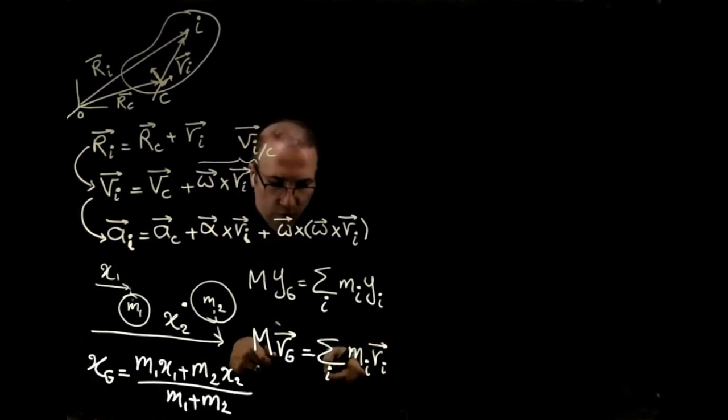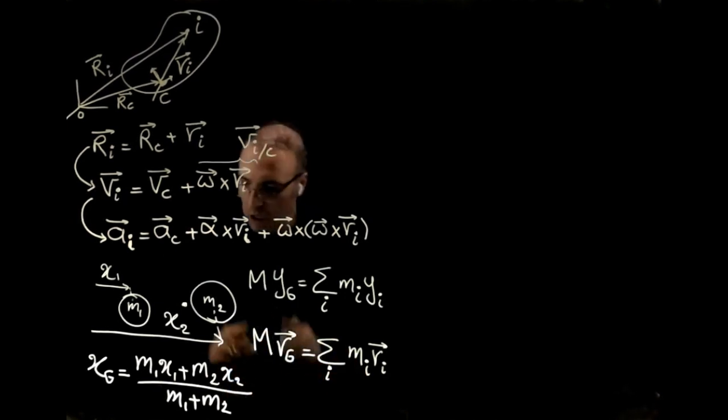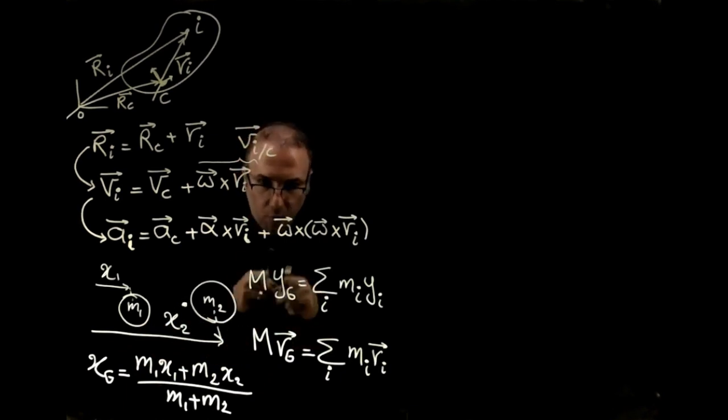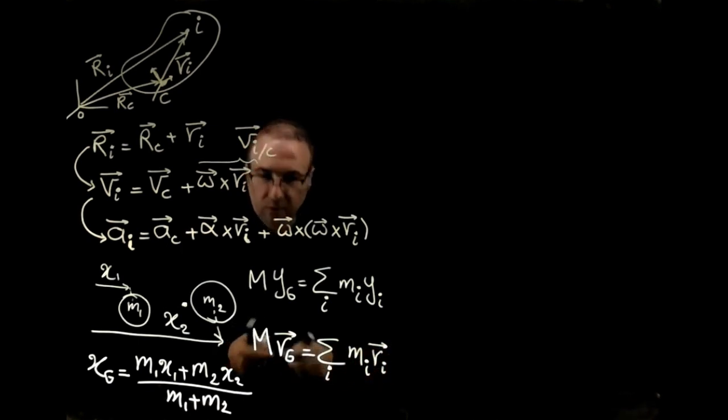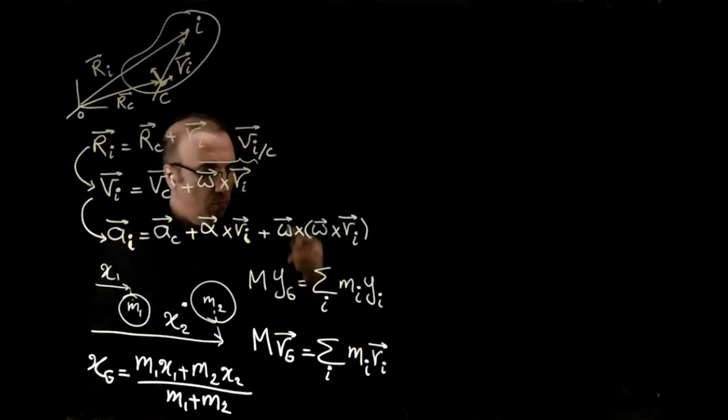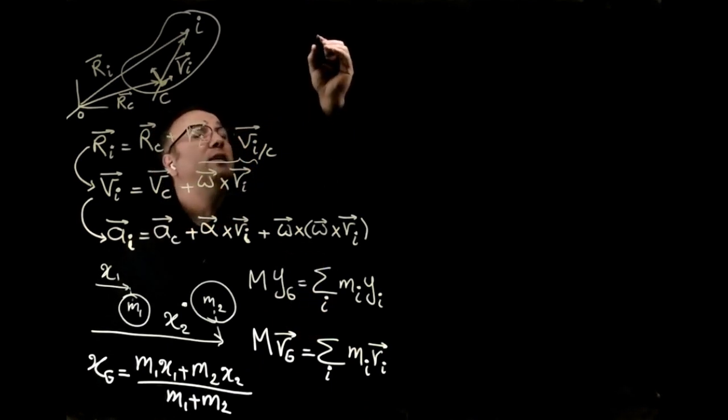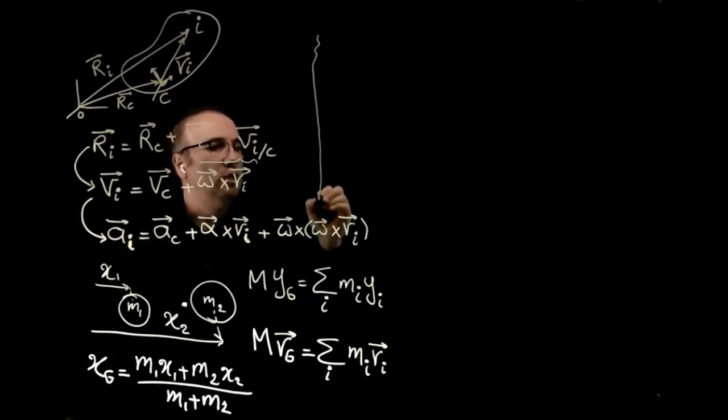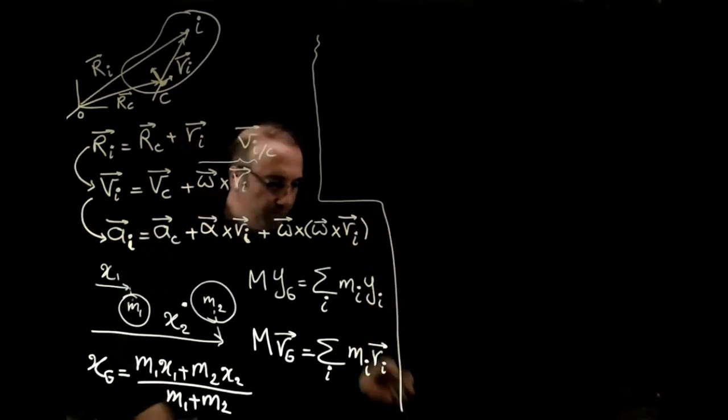This is a vector equation. So it has an x component, y component, and z component. The x component would be this, the y component would be this, and the z component would be similar to that. So any vector equation in 3D is in fact three components, three equations, right? So now that we have these, let's move on to the next section.